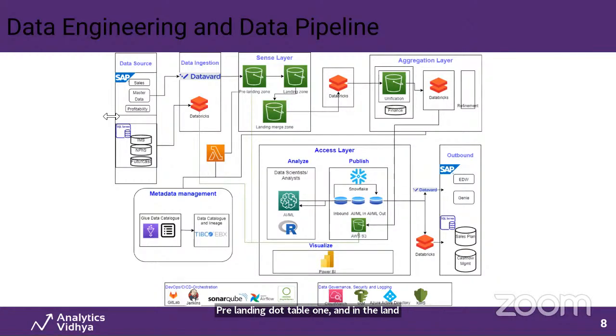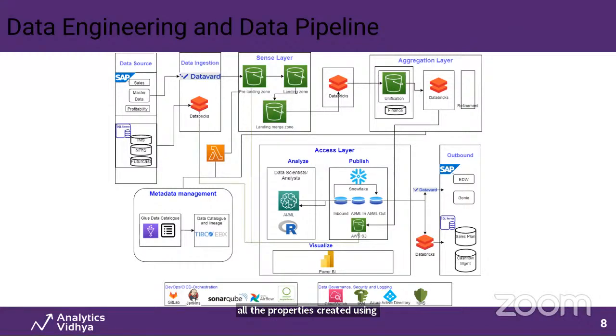And in the landing merge zone, we'll have the same table, but here the source will be landing. Like that, we create however many layers of data we are sending. Based on this, we will have all the properties created using the DDLs.